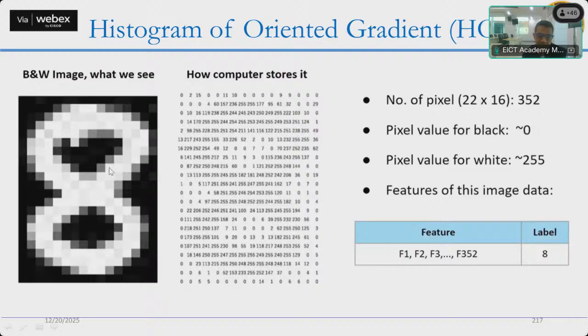For example, what you are seeing here is that this number is 8. When this number is 8, we see that the white part is highlighted here. So how does the computer see it? You are able to see it in this curve line.